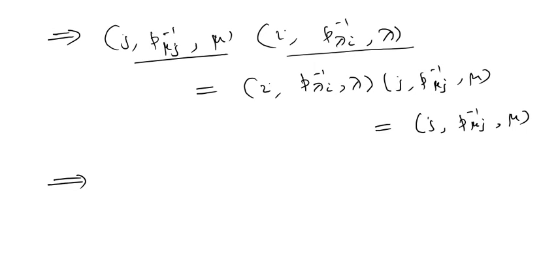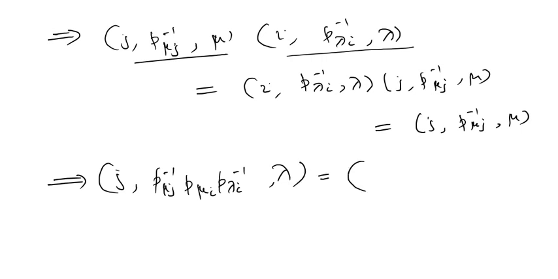This is J here and this is lambda, and this one it's P mu J inverse, then P mu I, P mu J inverse, P mu I, mu J inverse, then P mu I, then P lambda I inverse, P lambda inverse. This product is same as this product.